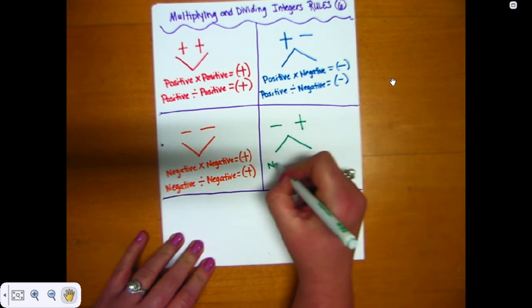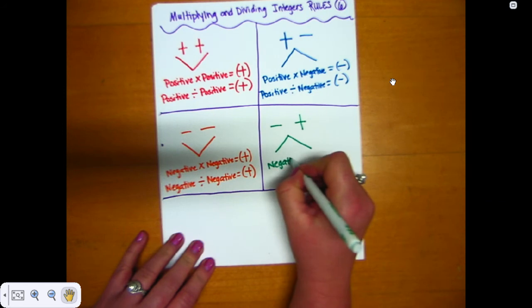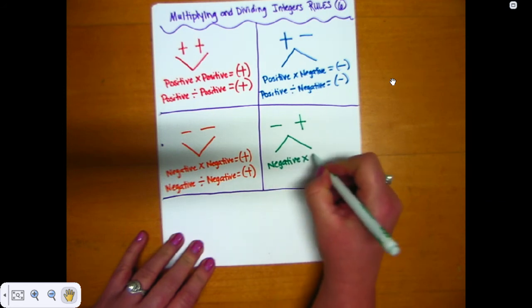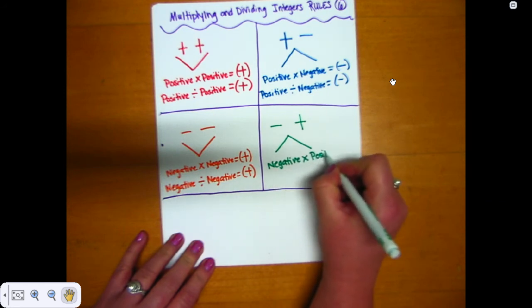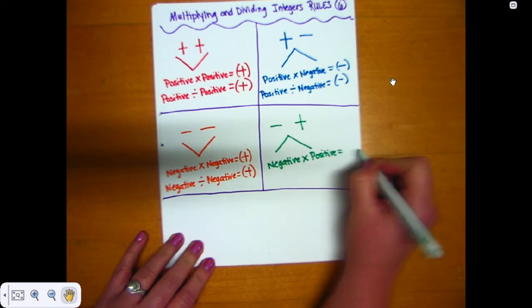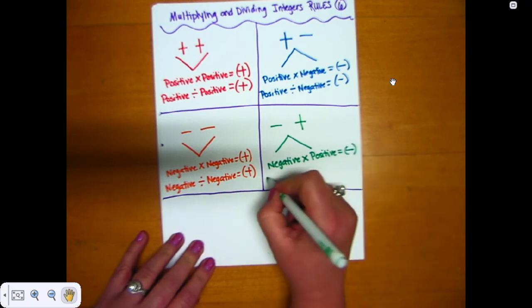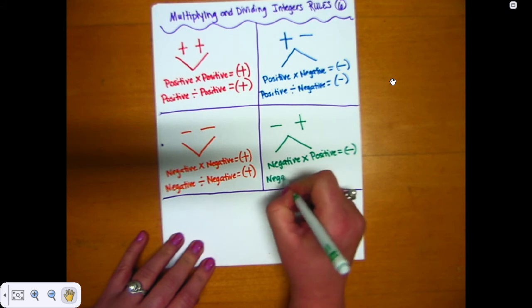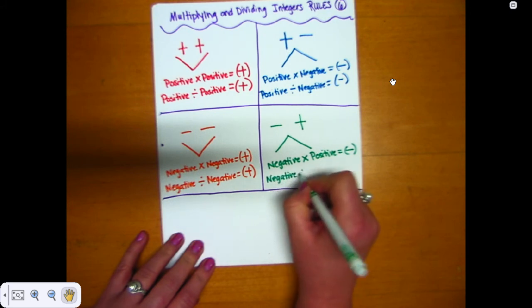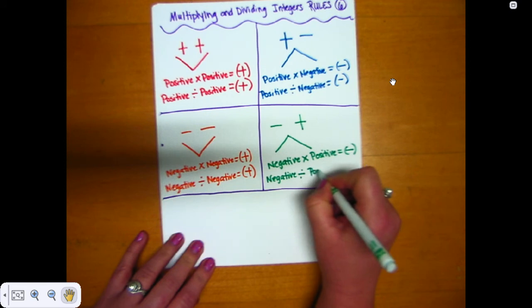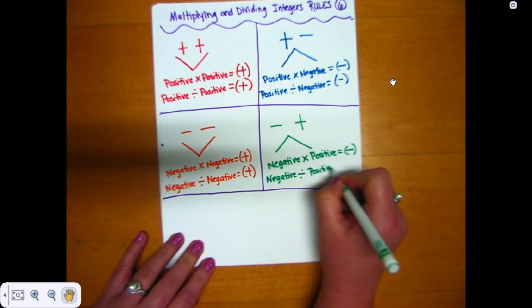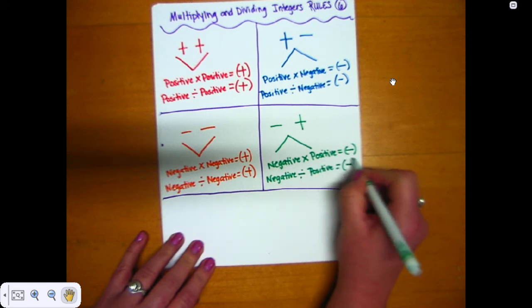So negative times a positive equals negative, and also a negative divided by positive equals negative.